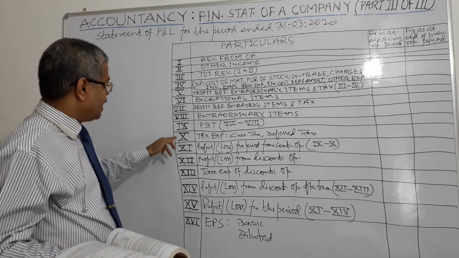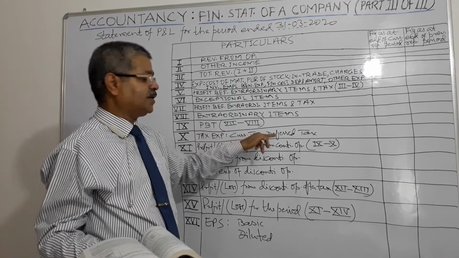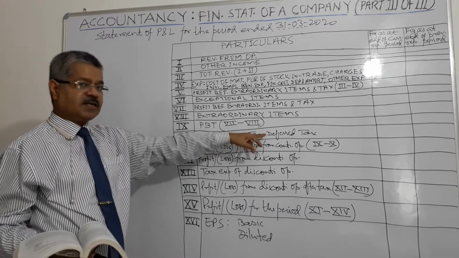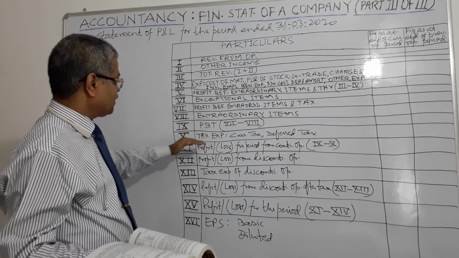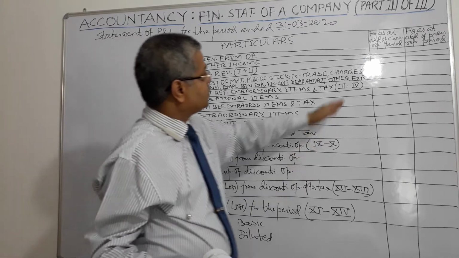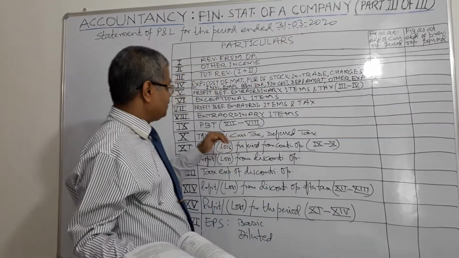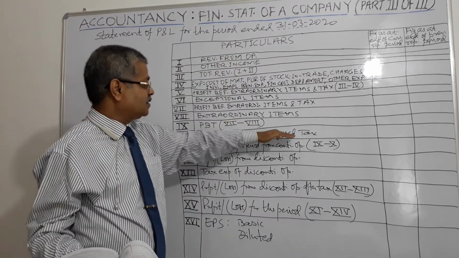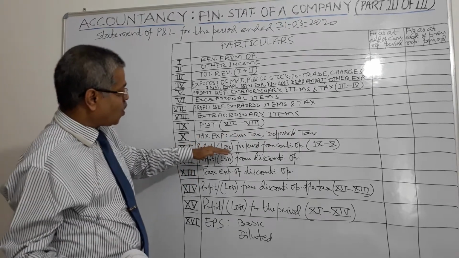Then item number 10, tax expenses, current tax, deferred tax. In the last video we have discussed what are deferred tax, what are deferred assets, right? So tax expenses will be considered of two types. Current tax means, if this is for 2019-20, then current tax means 2019-2020 tax, and this is deferred tax. 11th, profit or loss.